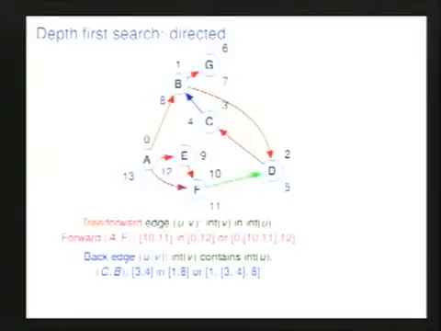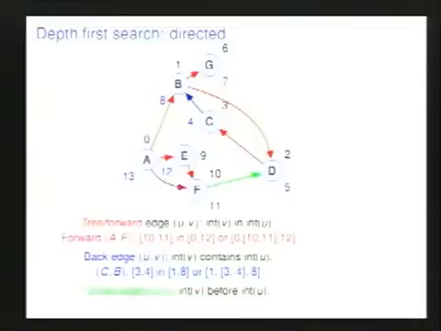Okay, so this is the example: 3, 4 is the interval for C, which is the tail. So the interval for the tail is in the interval for the head for the back edges. Okay, and for the cross edges, their intervals are disjoint. The interval of V is completely before the interval of U. So that's what these cross edges are.